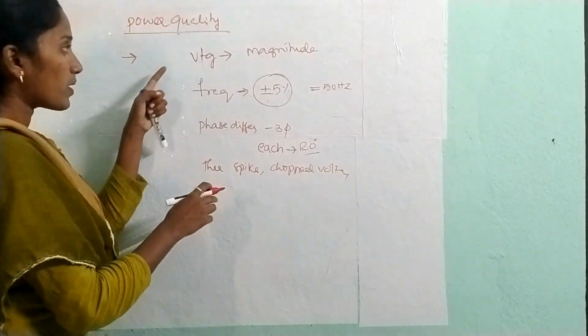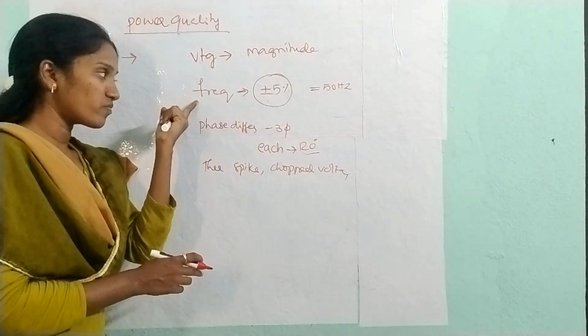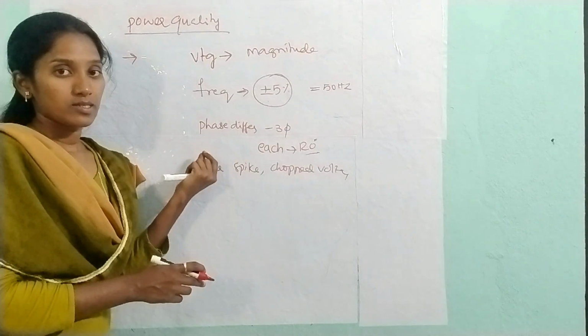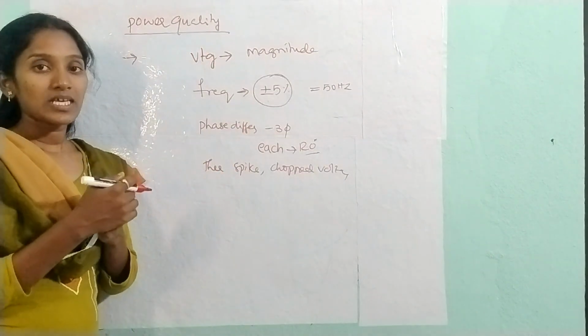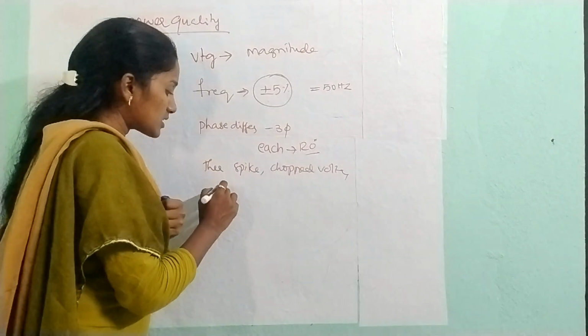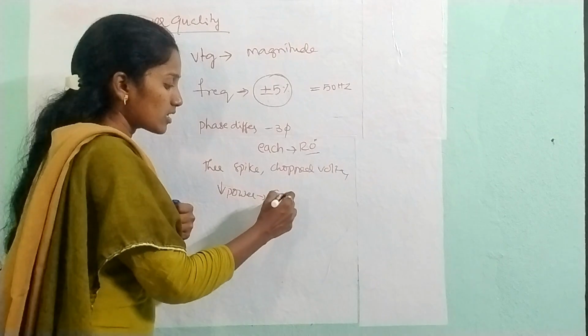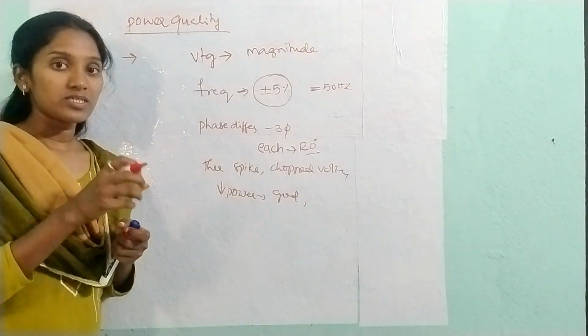So to say clearly, there is no deviation in voltage, no deviation in frequency, and no deviation or difference between the phases. When we are maintaining all these factors, we can say the power we are sending is of good quality. Okay, so how has the power quality been disturbed?